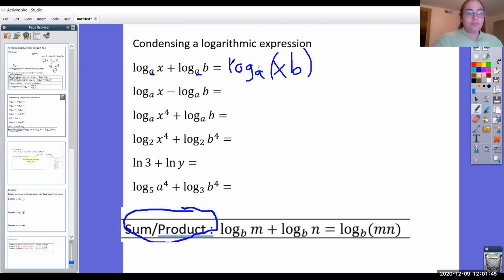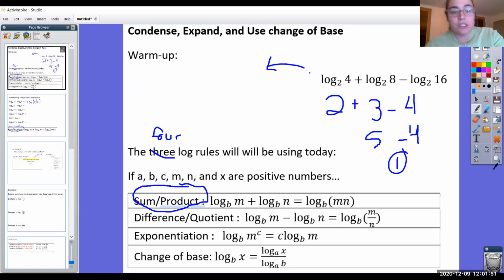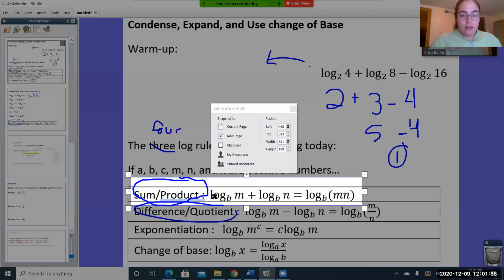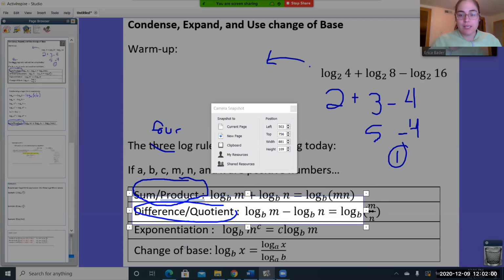The second example, we have a subtraction expression. So let's go ahead and look at that difference quotient rule that we had. So I'm going to take a snapshot of that and move it onto this next page.